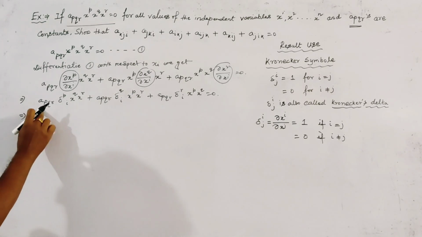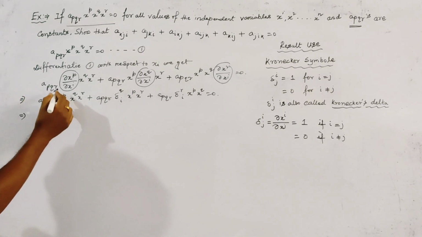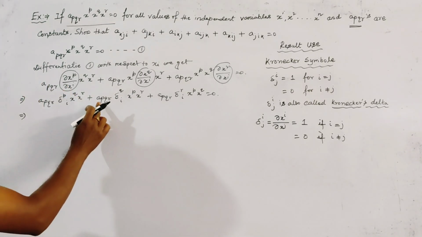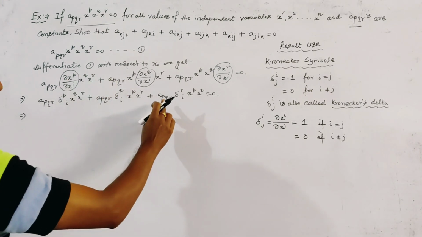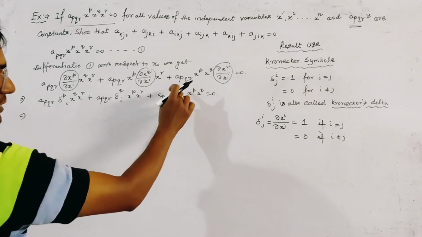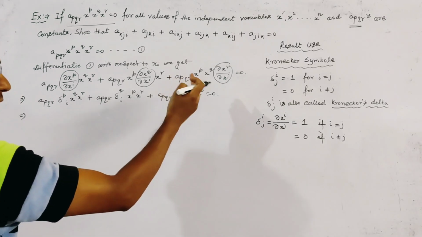We change the dummy index p to i. Here also q is a dummy index, so we change q to i, and r is a dummy index, so we change r to i.